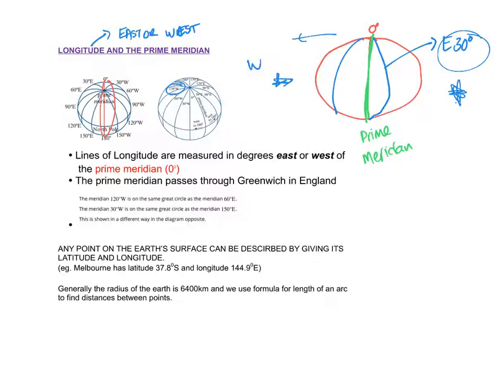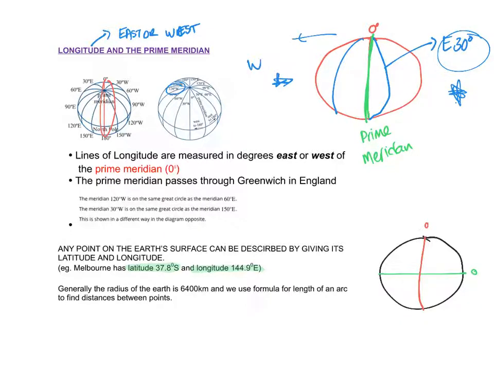Down here they've said that Melbourne has a latitude of 37 degrees south and a longitude of 144.9 degrees east. So say I drew the world, thinking this is the world, right? We know the equator is 0, and we know the prime meridian is also 0.